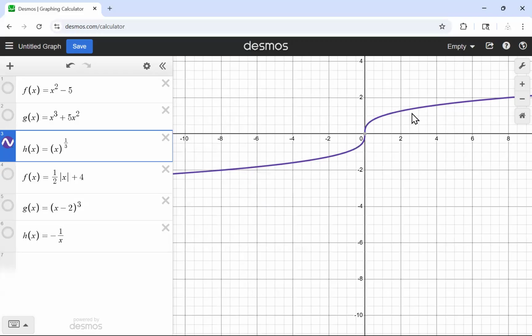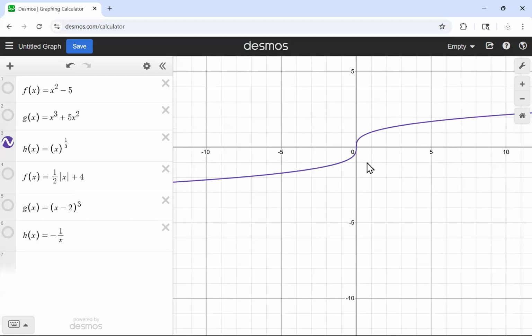So this one is reflected through the origin. Some people say it's symmetric through the origin or symmetric with respect to the origin as well. So that language also exists. So h of x in this case was symmetric through the origin.